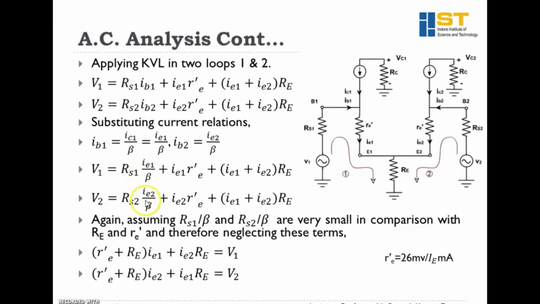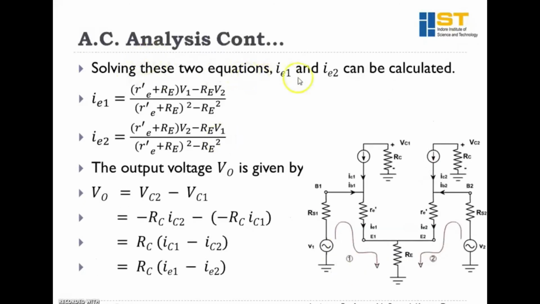After removing them, we get V1 equals I1 times (RE dash plus RE) plus I2 times RE, and similarly for V2. We can say that RE dash is very small, that is 26 millivolt per I milliampere. So milli cancels, and if we have I as 20 milliamperes also, then we get RE dash equals almost 1.